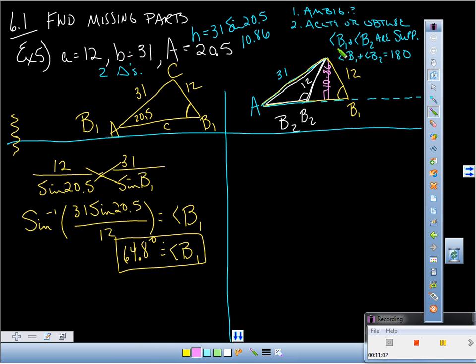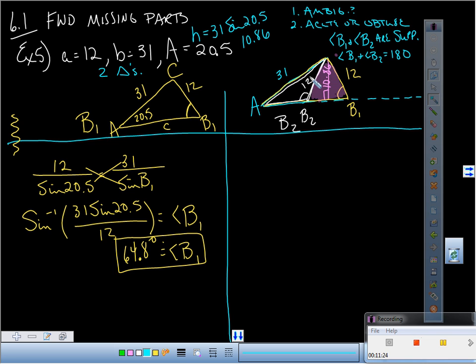So watch this. Look at this triangle right here. What kind of triangle is that? No, it's not equilateral. It's an isosceles triangle. These two sides are both 12, guys.